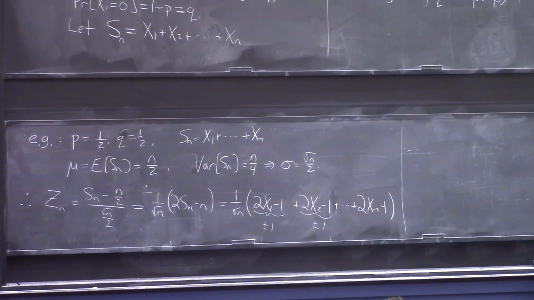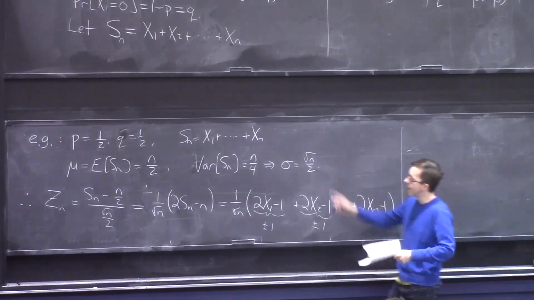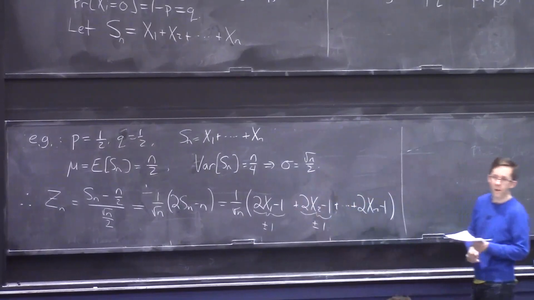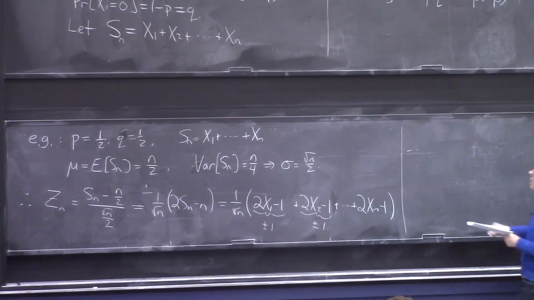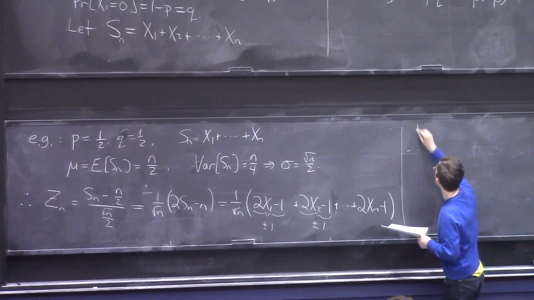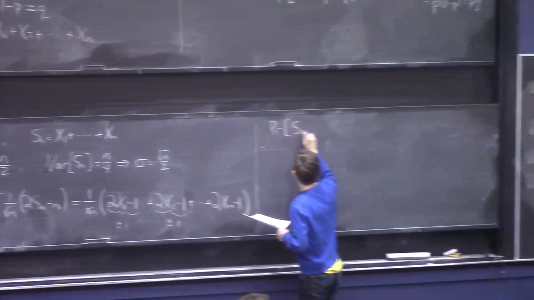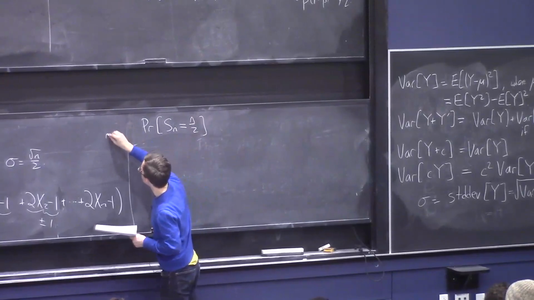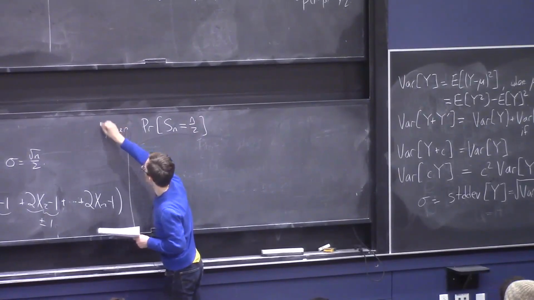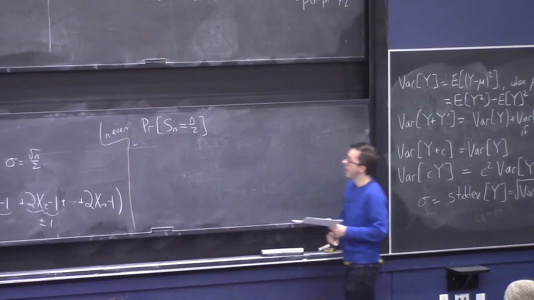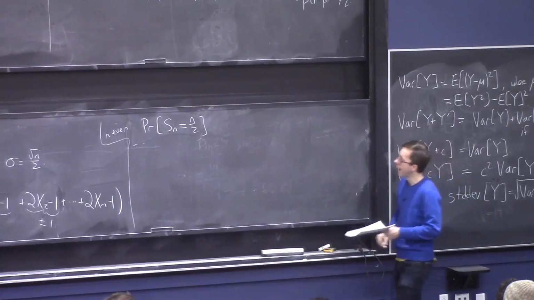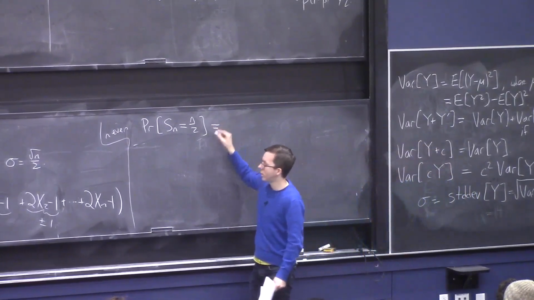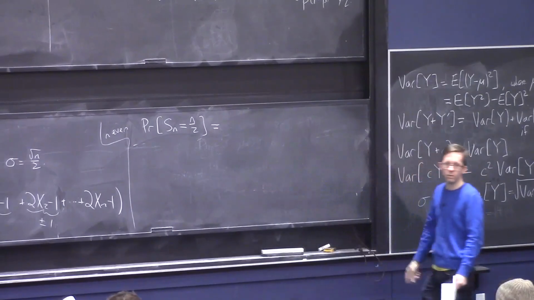And as I said, if you want to know anything about Sn, it suffices to know the analogous thing about Zn. So for example, last time we were looking at the probability that Sn is exactly n over 2. This is assuming, as always, that n is even. The probability that you get exactly 50-50 heads and tails. And which event about Zn is this equivalent to?